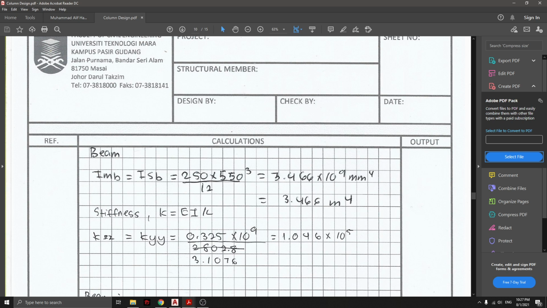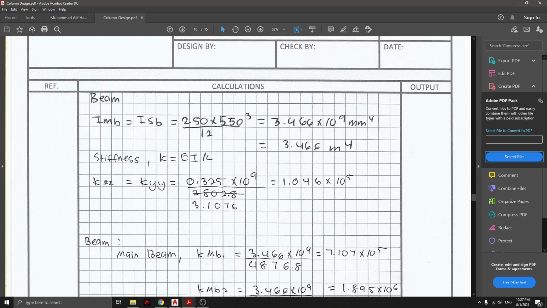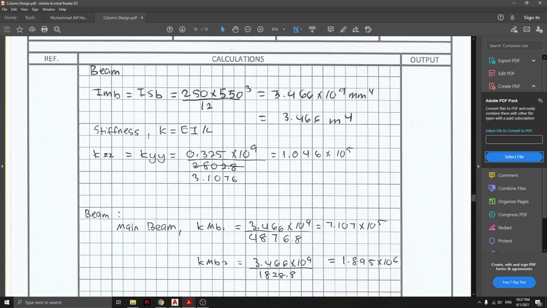Then moment of inertia for beam, this is rectangular, so BH cube over 12. Then we find stiffness K equal to EI over L, KZZ equal to KYY.